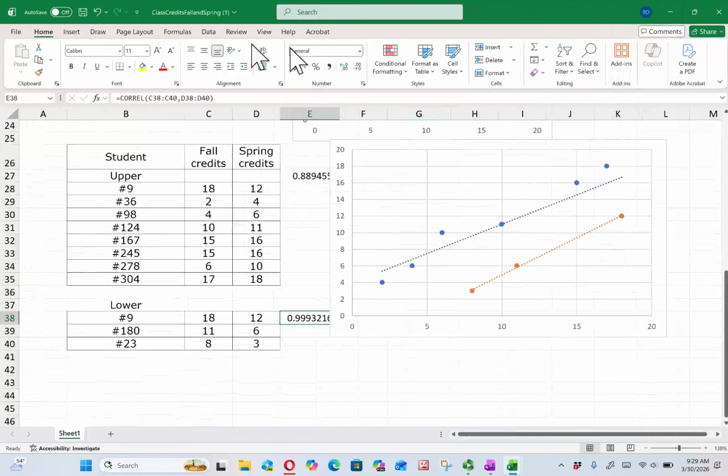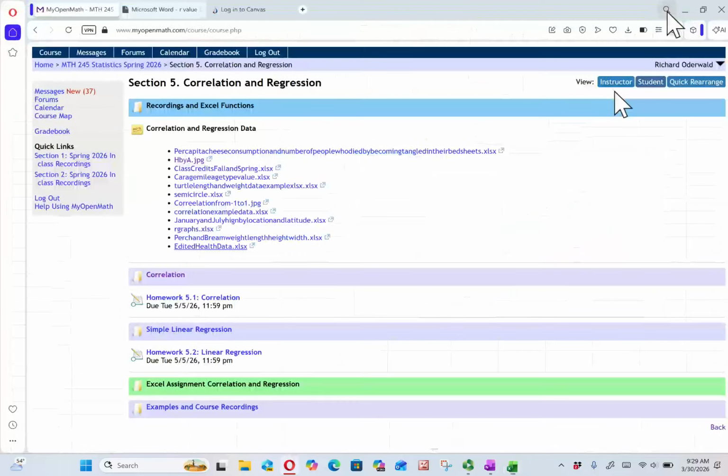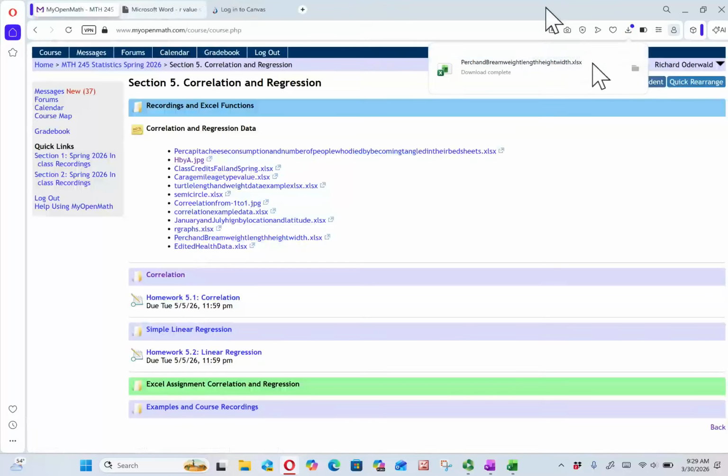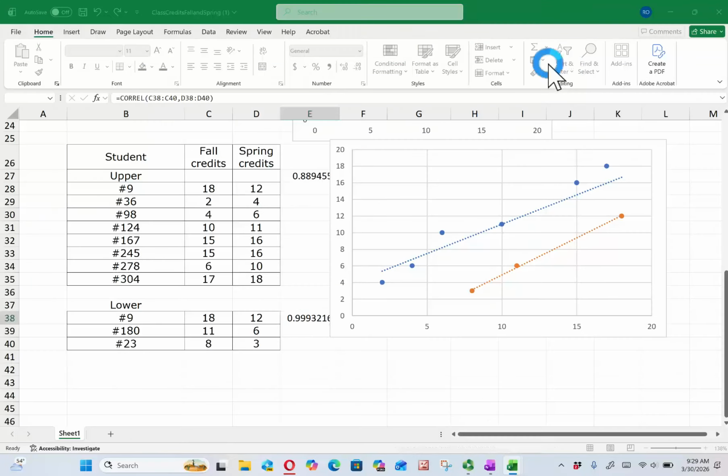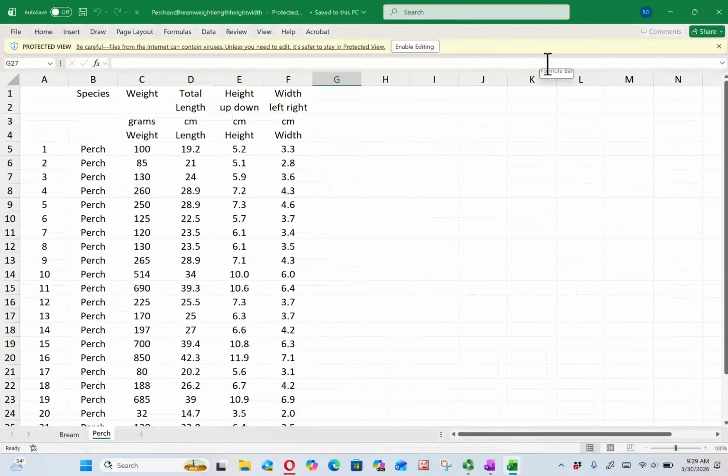Go back to MyOpenMath, and this time we want perch and brim, weight, length, width, and these are not our perch.